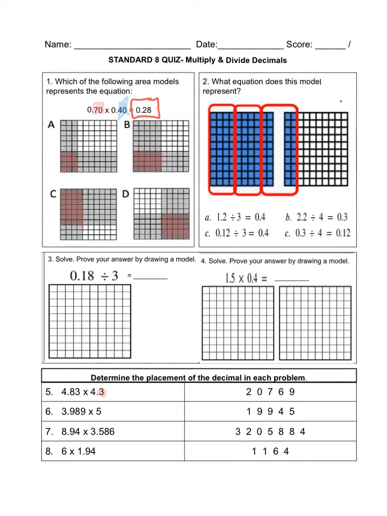So notice that here I have 1 place, here I have 2 places, so my decimal point needs to have 3 digits following it. So for this one, my product would be 20 and 769 thousandths. Same for 6, 7, and 8. You look at these multiplication expressions and figure out where the decimal point needs to be.